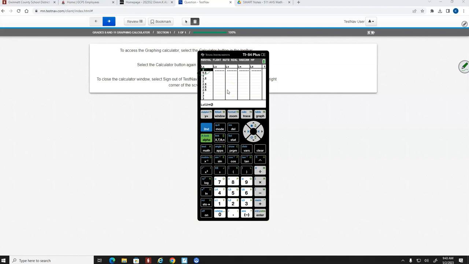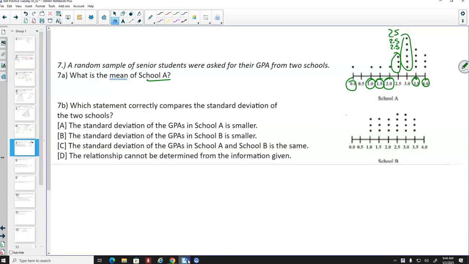So I'm going to go down and delete that one. We only have 0 and then 1. So now back to stat, calculate. There you go. 2.8 is our mean. I'll put it into my notes. 2.8 is our mean.